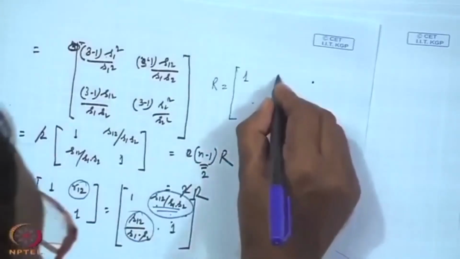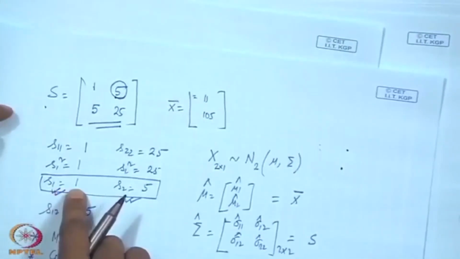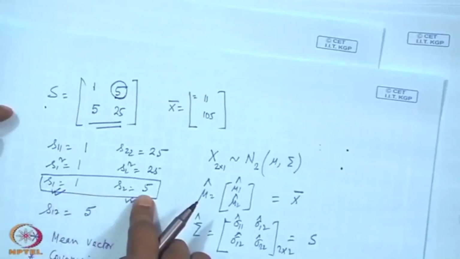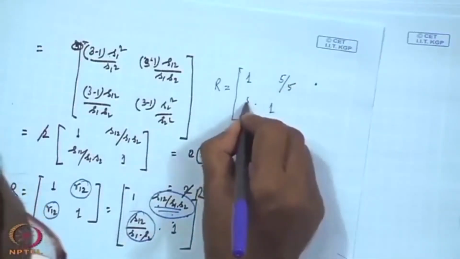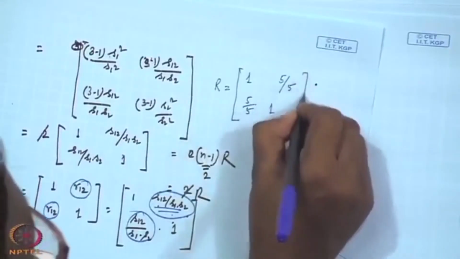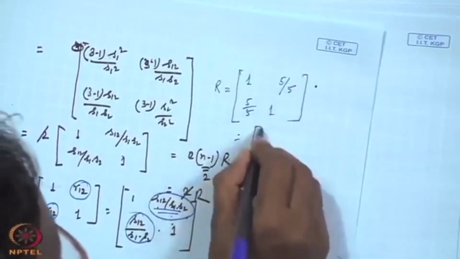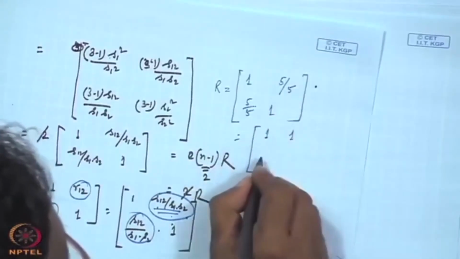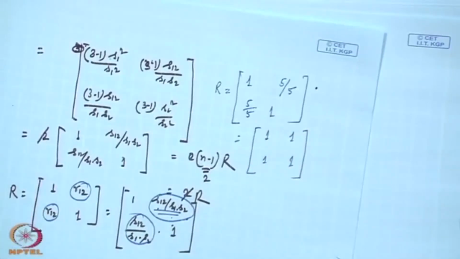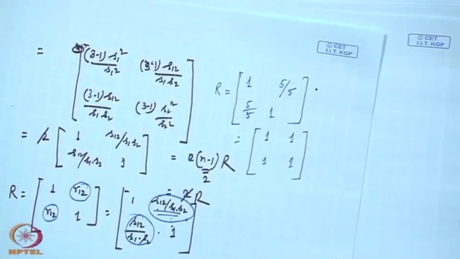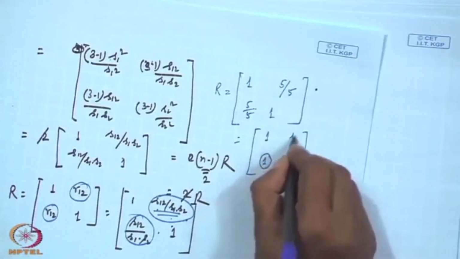So, you can write 5 divided by their standard deviations. s1 is 1, s2 is 5. So, that means 5 by 5, 1, 1, 1, 1. Oh, you are getting perfect correlation. 1 means perfect correlation.